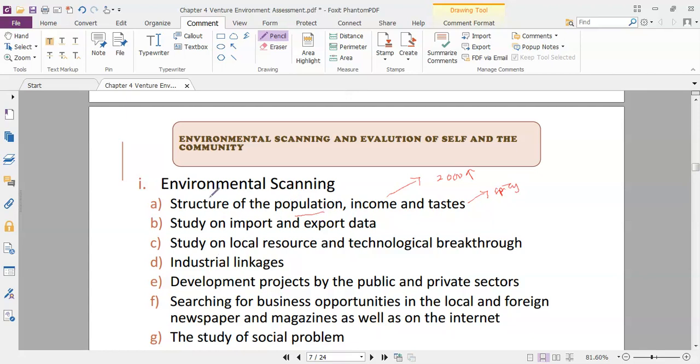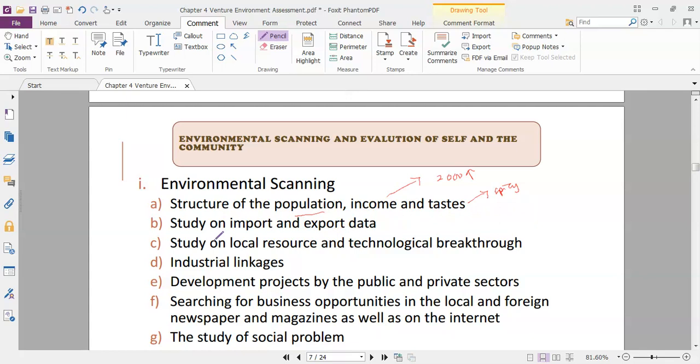And then if you plan to have a business, for the purpose of education and for this subject, you should know. For example, if Jeremy lives in Port Dickson, you need to know the structure of population, income, and taste in Port Dickson.